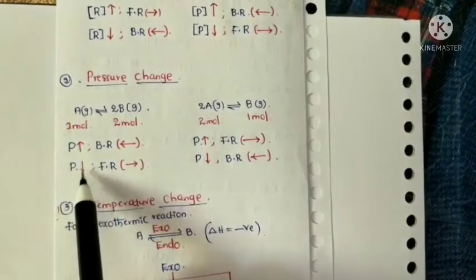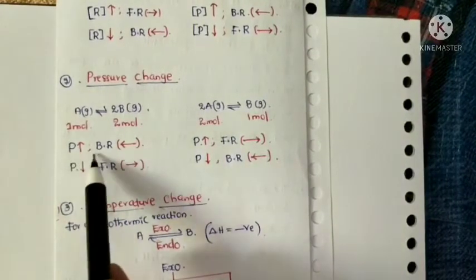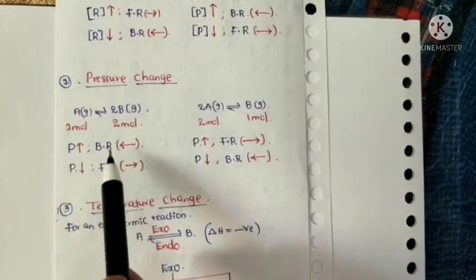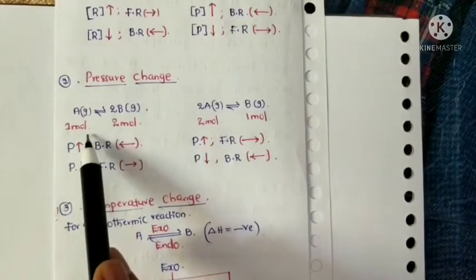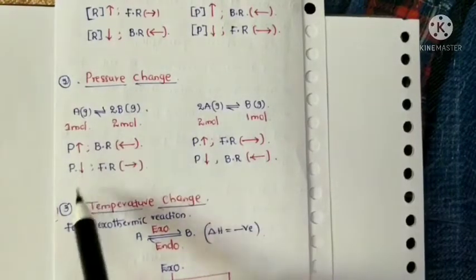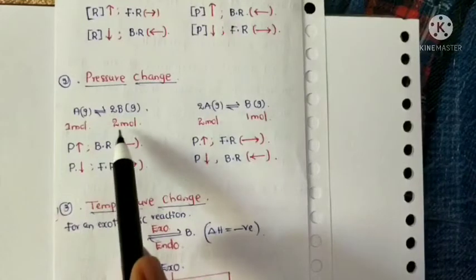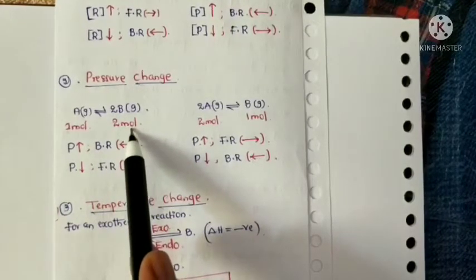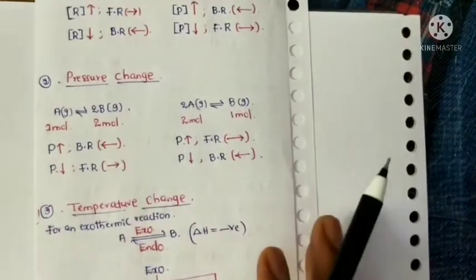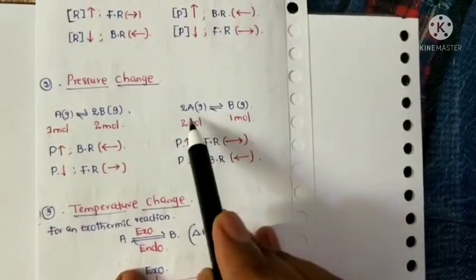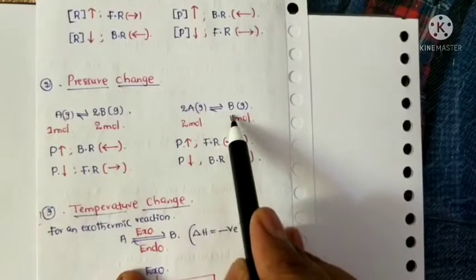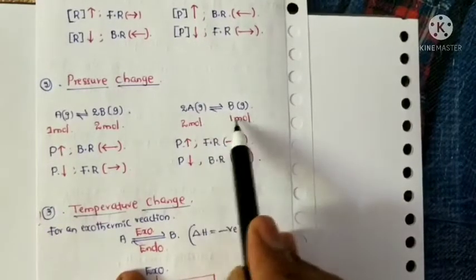So pressure decrease favors the process where the number of moles and volume both increase. Another reaction: the reactant is 2 moles and the product is 1 mole, so the moles are different.